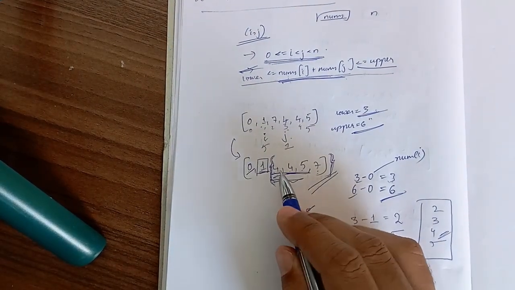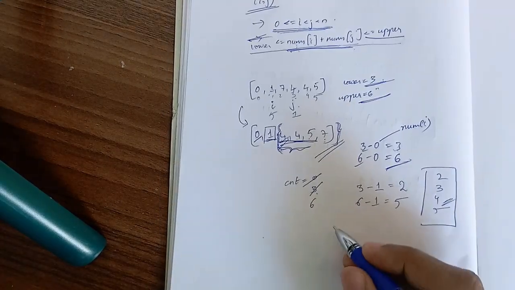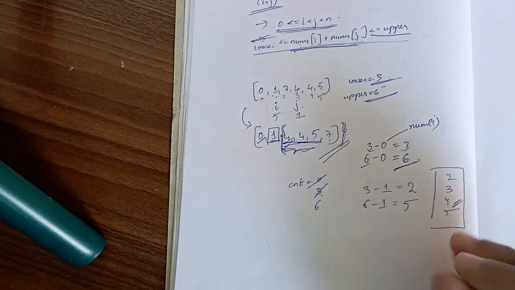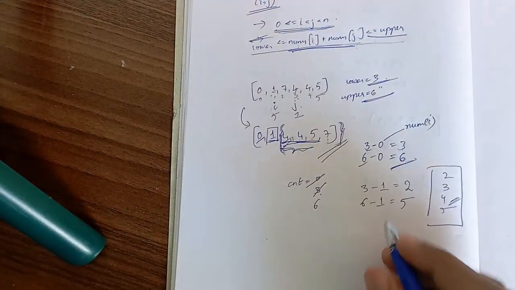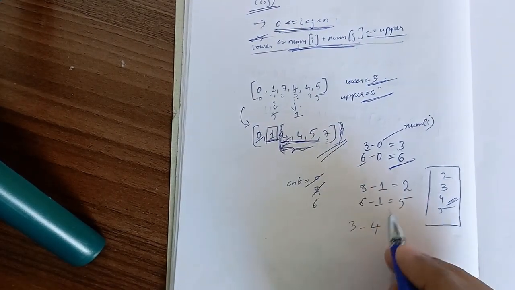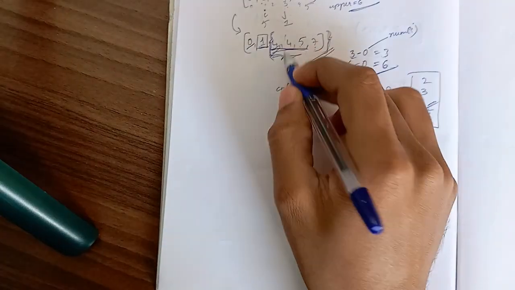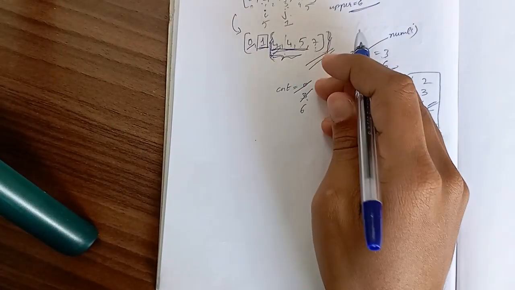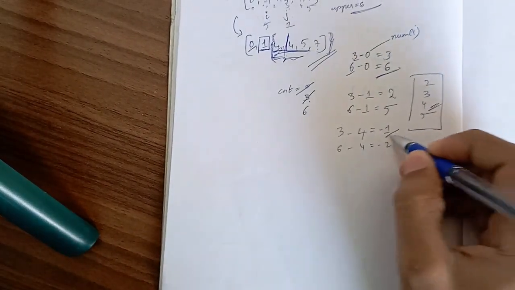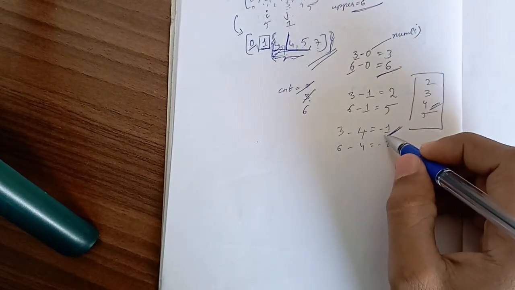Again when we come to 4, we need to check what is the lowest number which we can add to 4 to get in this range. 3 minus 4, we are doing the same thing again and again. 3 minus 4, it is minus 1, and 6 minus 4. In the next subarray we don't have any element which is equal to or greater than the lowest number.